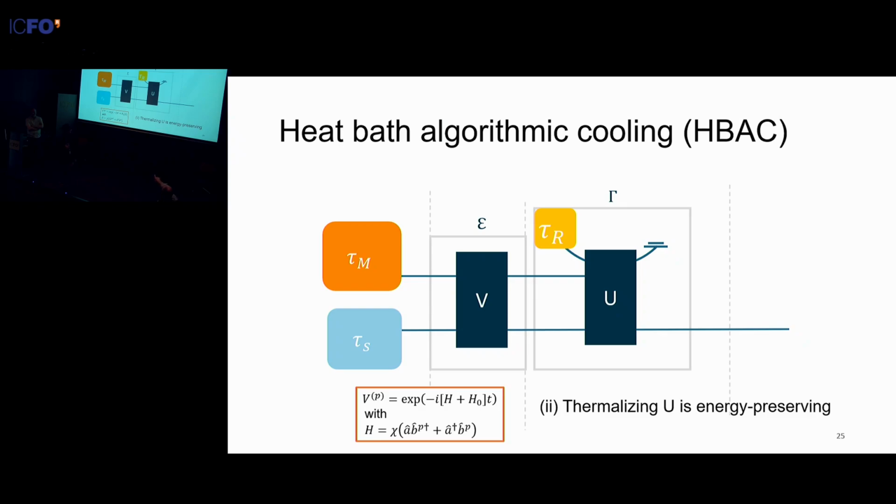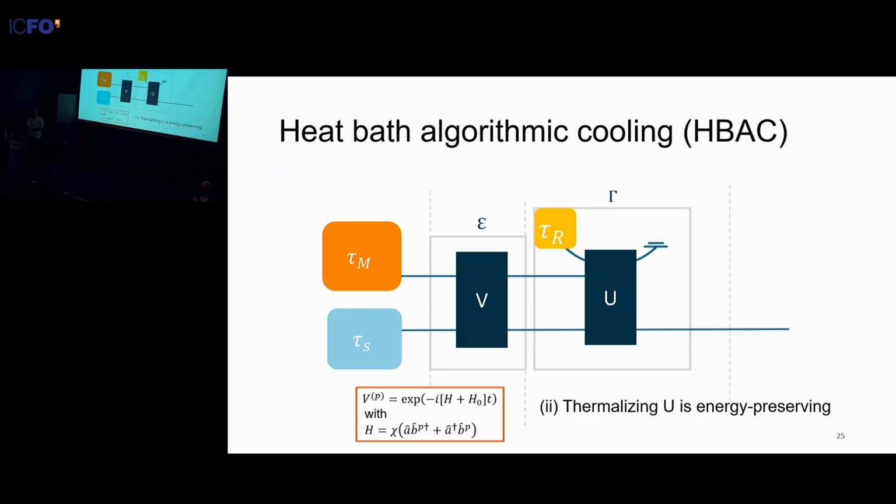But I don't have any experience with these continuous variable systems, so is it easy to make a Hamiltonian of this kind, with A and B to the power of P? Or did you think about scenarios where that would be easy to implement experimentally?